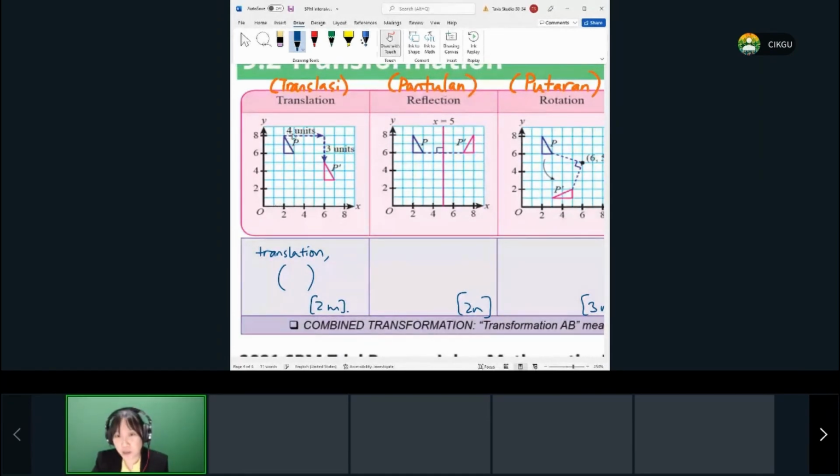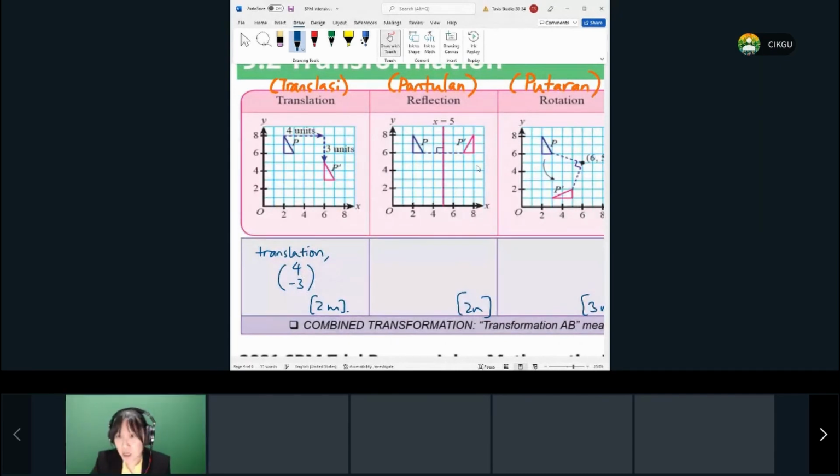So this one goes to the right 4 units, so positive 4. Now vertical. Go down 3 units. Going down means negative. Going up means positive. So go down, negative 3. Done. This is how you explain a translation. The word translation itself, 1 mark. Describing this movement, another mark, done.